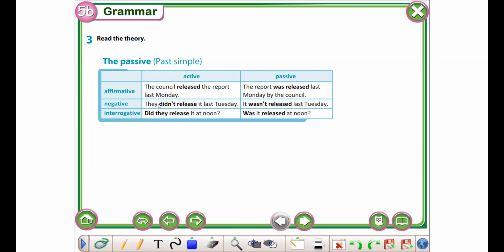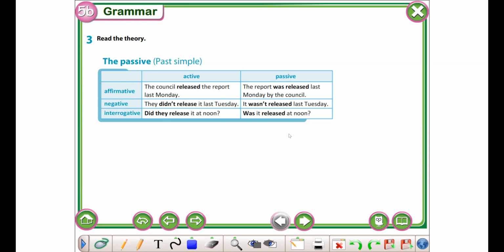Okay, so if the verb is negative, then the passive form of the verb will be wasn't released, and the question is made with the auxiliary verb was. That means that in the passive voice, the auxiliary verb is to be, and it is followed by the main verb, which is with the ending ed, or it's the third form of irregular verbs of English.